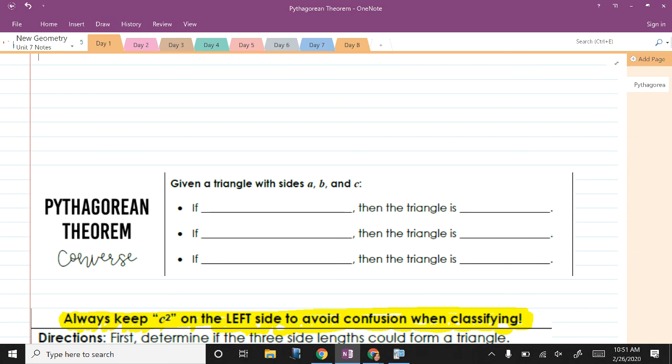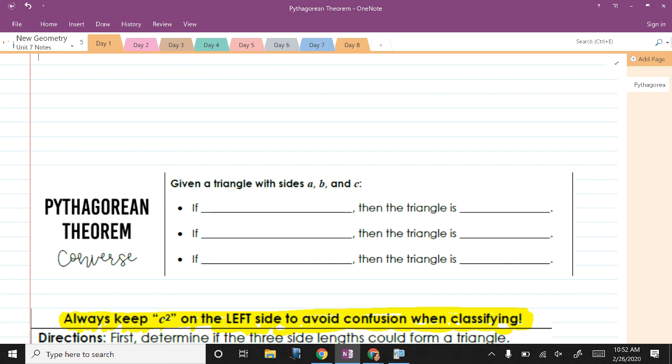So I told you earlier that the Pythagorean theorem says if you have a right triangle, then the sum of the squares of the lengths of the legs equals the square of the hypotenuse, right? Well, y'all know a converse theorem reverses the order, correct?